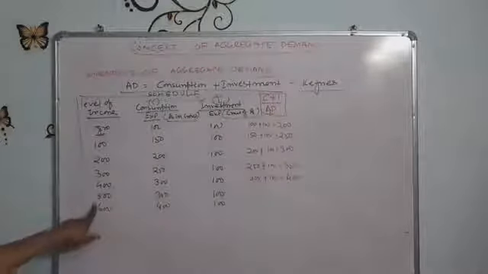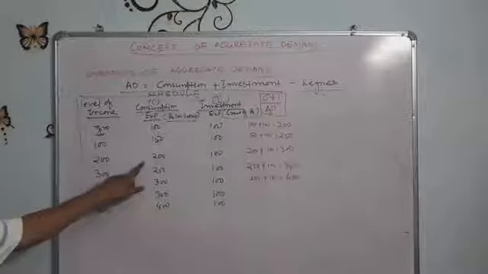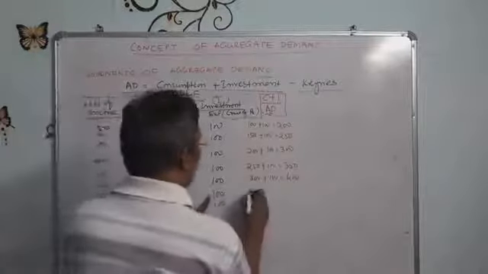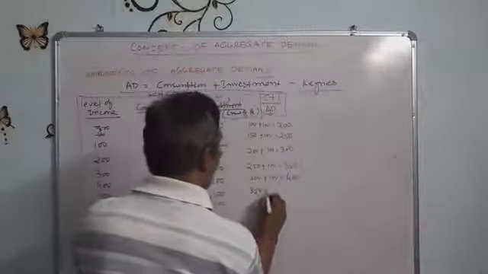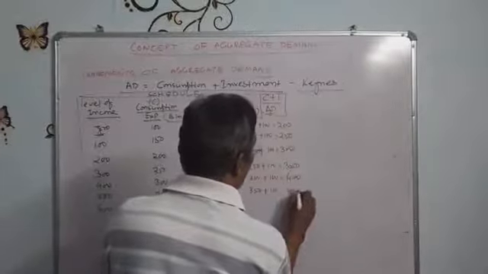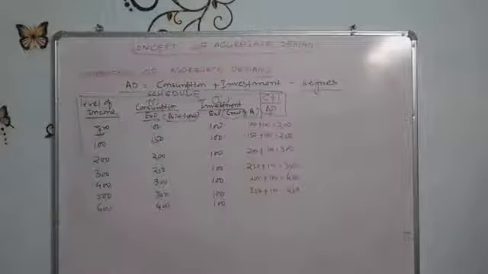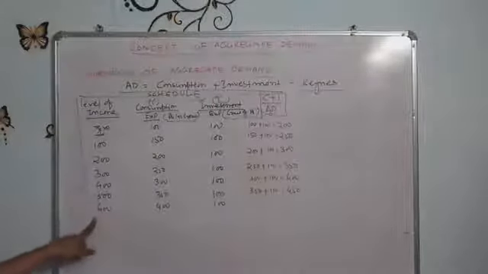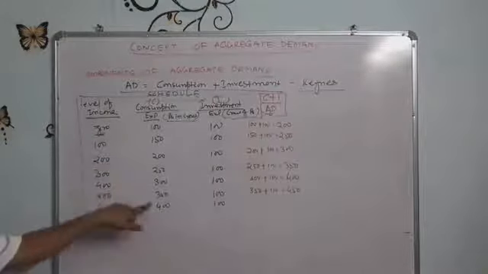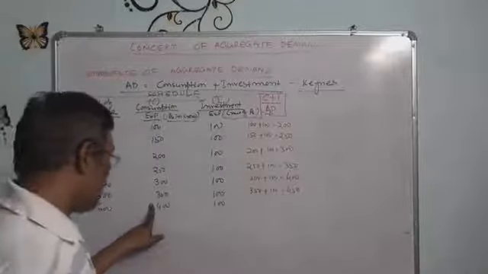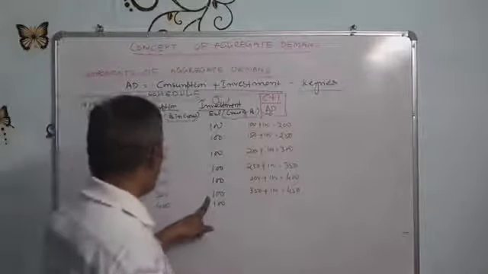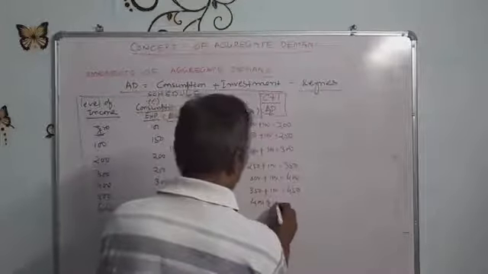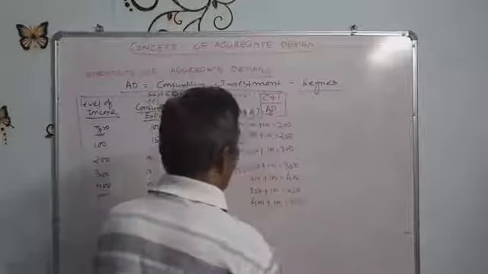Similarly, from 400 to 500, consumption expenditure increases from 300 to 350, investment remains the same, so aggregate demand is 350 plus 100 equals 450 crores of rupees. And the last one, in my example, from 500 to 600 crores of rupees, consumption expenditure increases from 350 to 400 and investment remains the same, so aggregate demand will be 400 plus 100 equals 500.